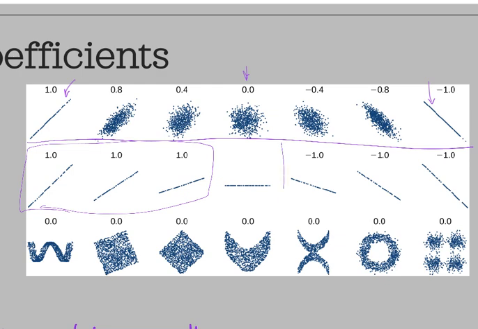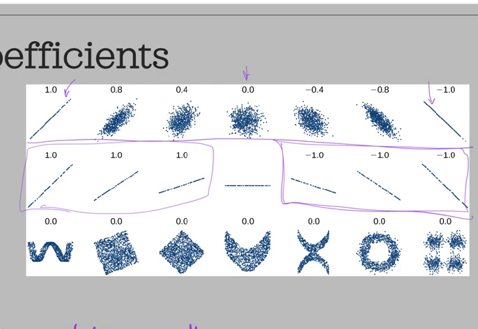Now with -1, same idea. All of the data points are on that mathematical line, and it just so happens that it's going down. I don't know how fast it's going down. I don't know if it's drastic or gradual. I just know it's moving downward.